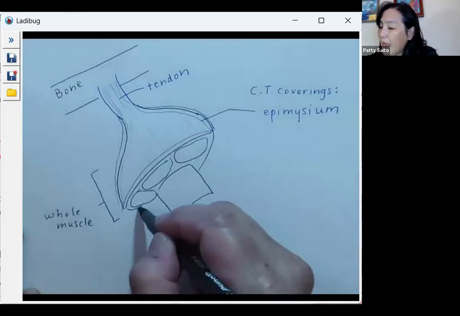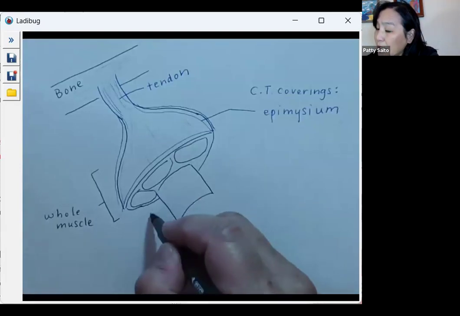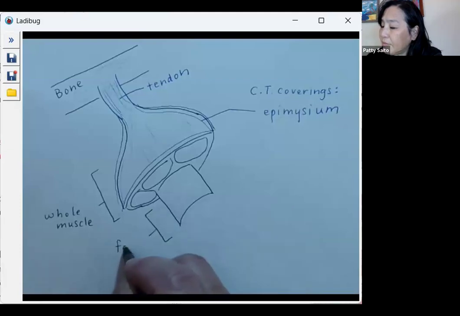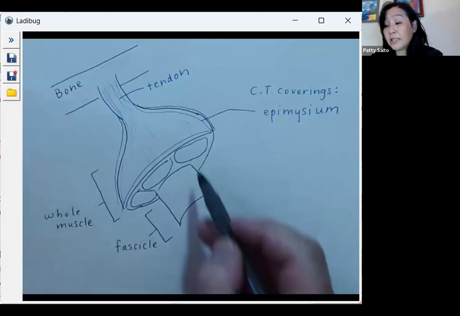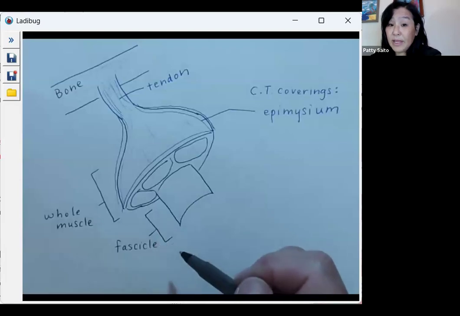Again, if you go over to the meat department and look at it, the whole muscle is divided up into little structures. Each one of these structures is called a fascicle. So this is the structure. Each one of these is a different fascicle.